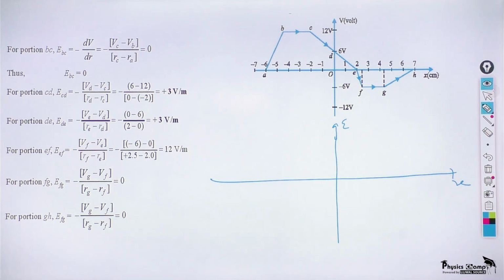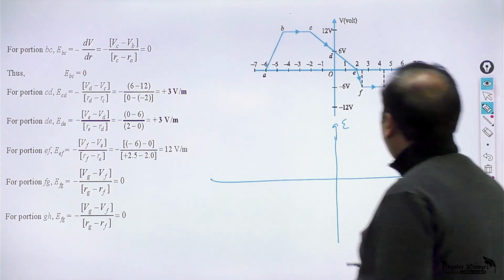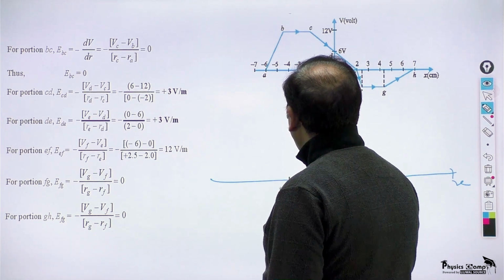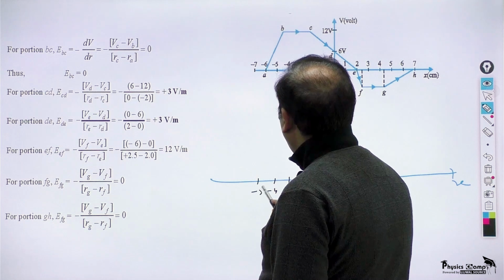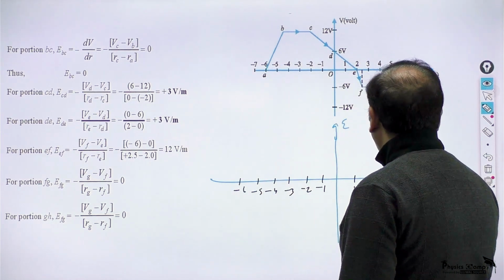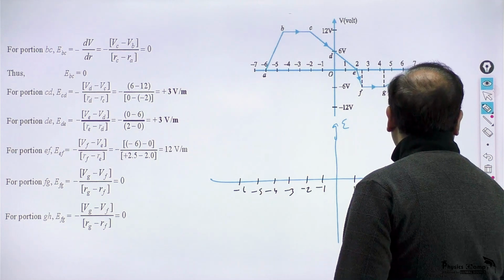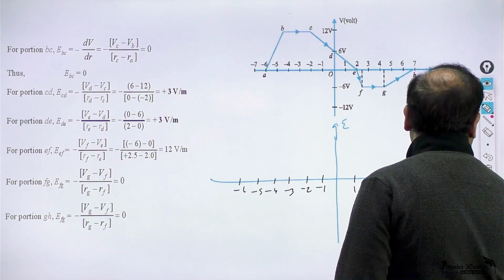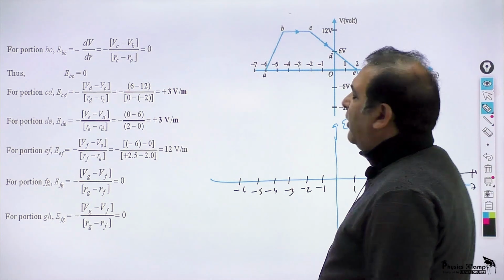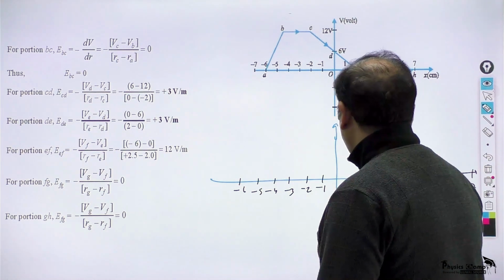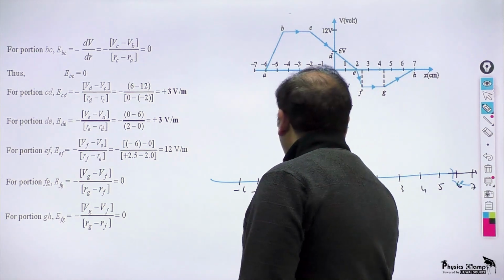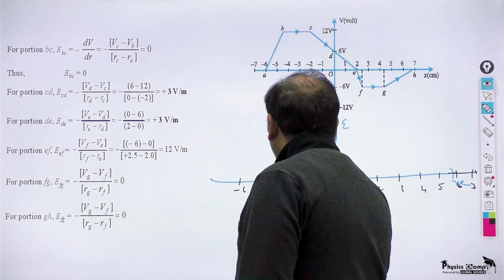Let's put the values -1, -2, -3, -4, -5, -6. Here 1, 2, 3, 4, 5, 6 and 7. For the first portion A to B, the electric field was -6. So here we can say electric field is -6 volt A to B.